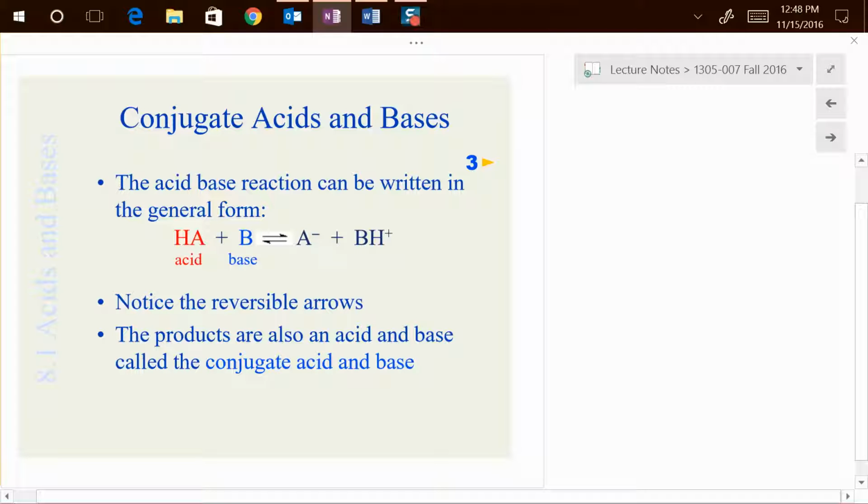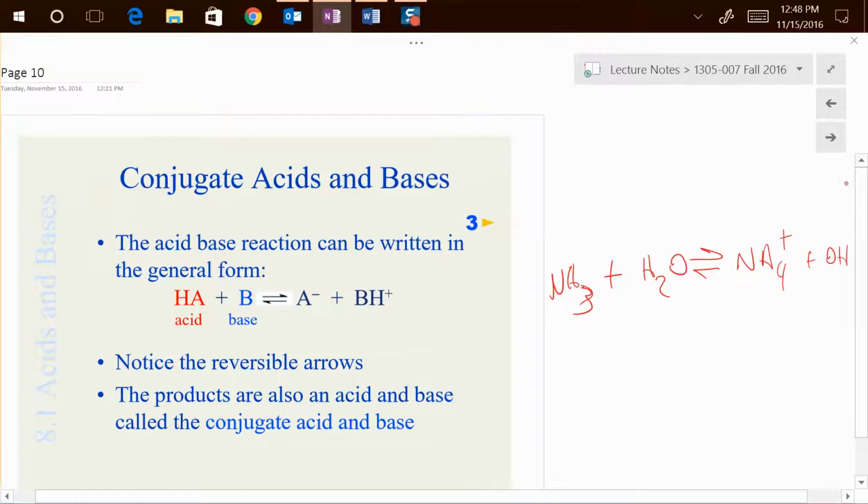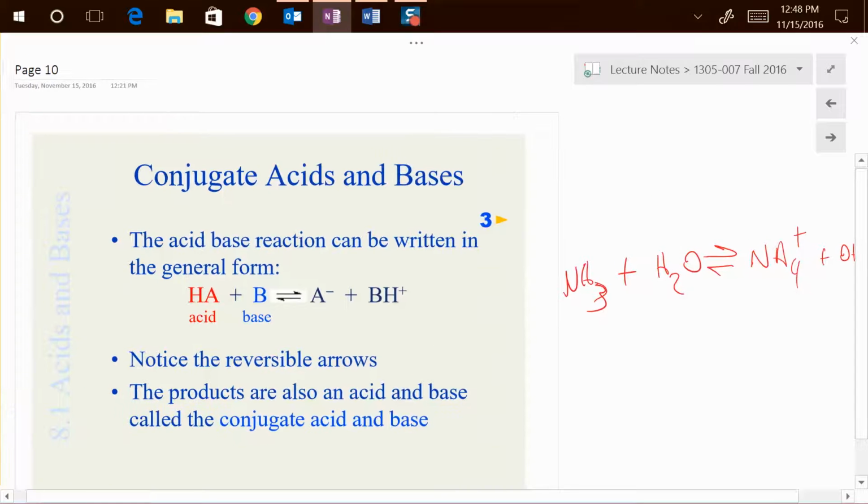Okay, conjugate acids and bases. So we saw the NH3 reaction, NH3 plus H2O to produce NH4 plus OH minus. So here I have a base.